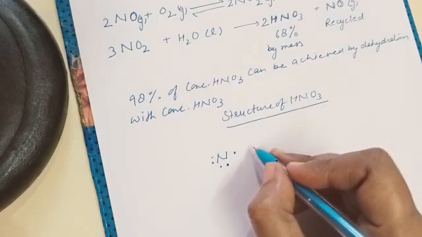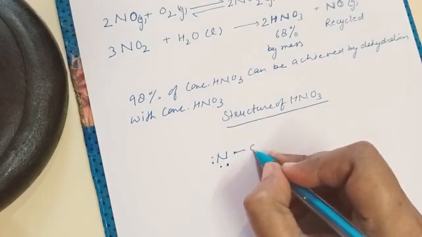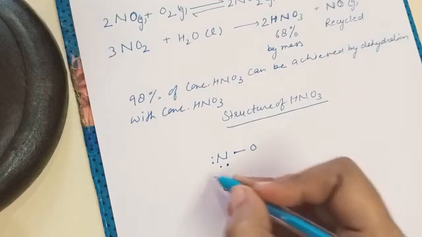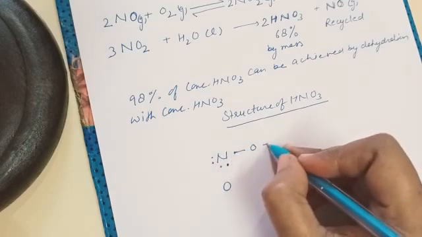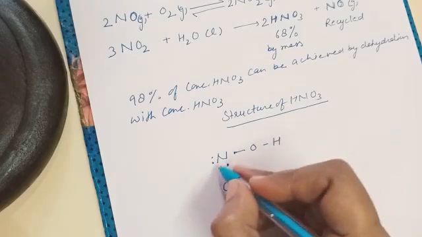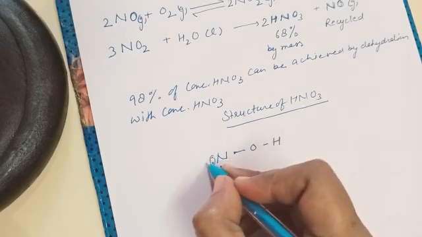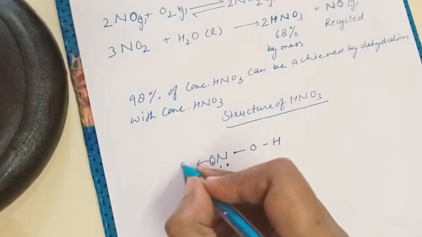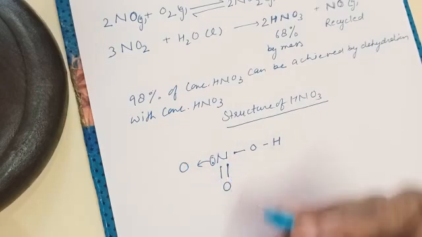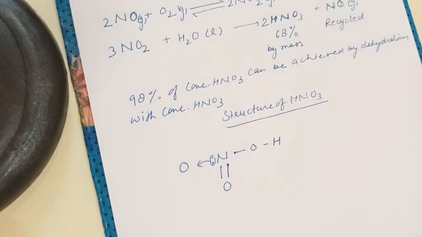Okay, this will attach with O and this will attach with H, and this lone pair of electrons is donated to the O again and this will form a double bond.